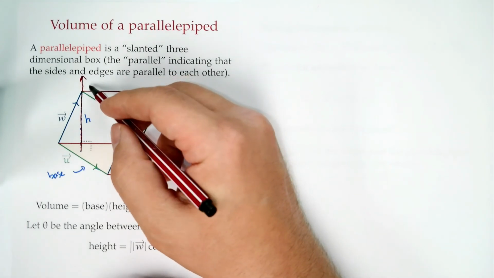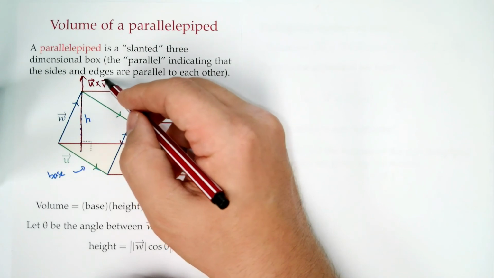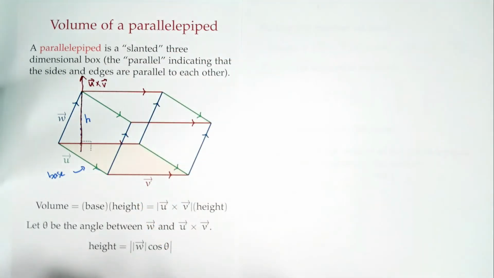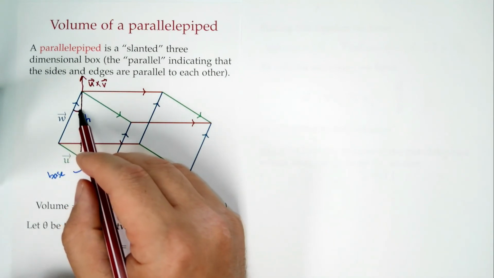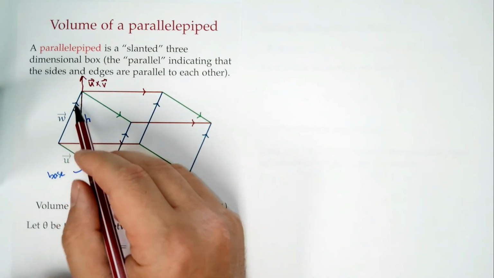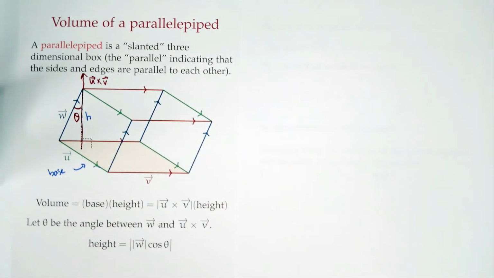It's not the right length, but it has the right direction. And I can look at the angle between the vector w and the vector u cross v. So there's this theta. Now, what's special about this? Well, if we think about what we're after, the height.